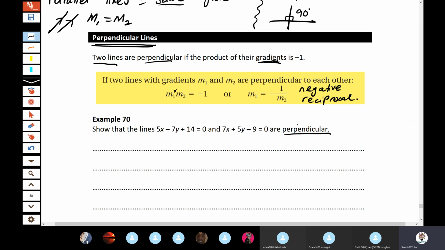For them to be perpendicular, they literally have to be negative reciprocals of each other. So if one of them's 3 over 4, the other one needs to be negative 4 over 3. Then they would be perpendicular. If not, they're not perpendicular. So when I've got these two lines, I need to find gradients.